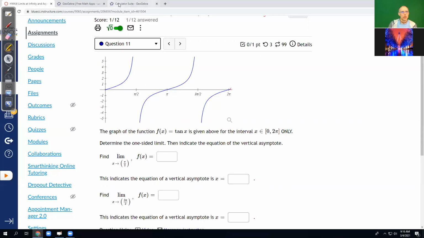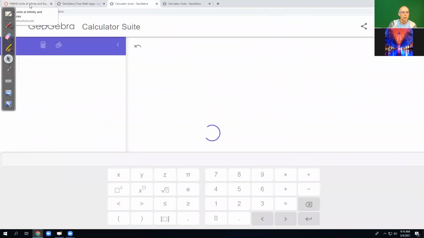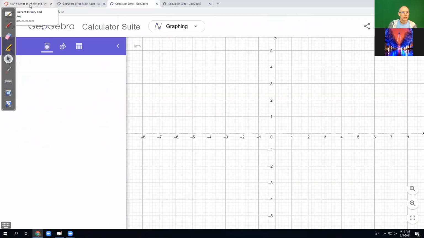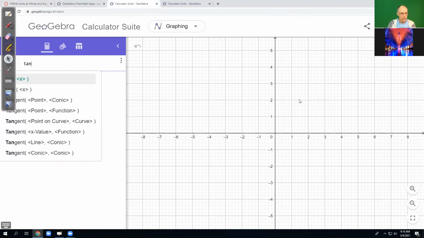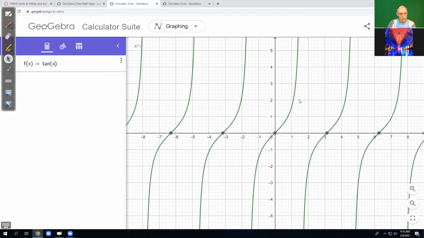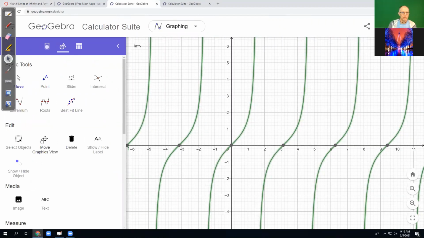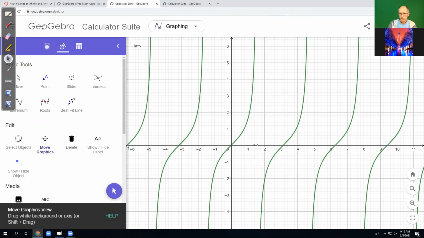So let's actually get a graph of that in Desmos or GeoGebra, just for fun. Tangent of x equals the tangent of x. Zoom in. I really only care up to 2 pi.